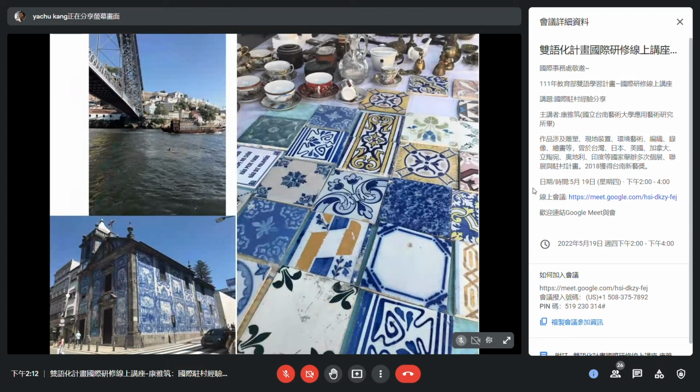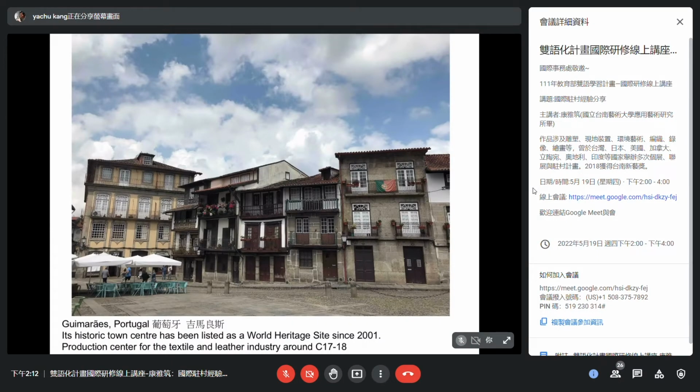Here are some photos of the city to let everyone know about the culture in Portugal. You can see they have many colorful, beautiful tiles. And this is the view of Guimarães.